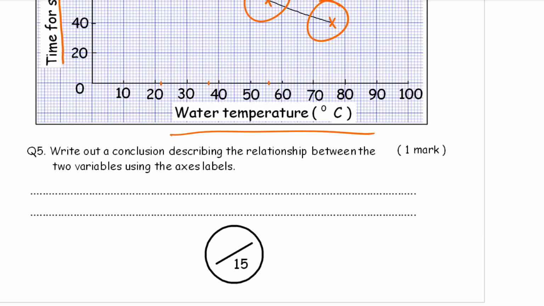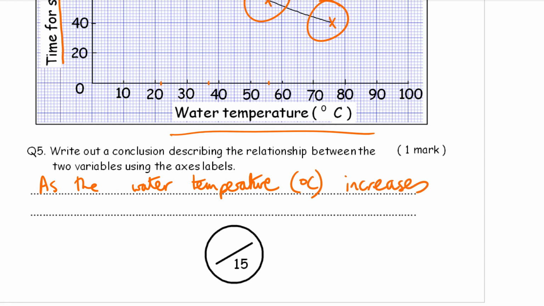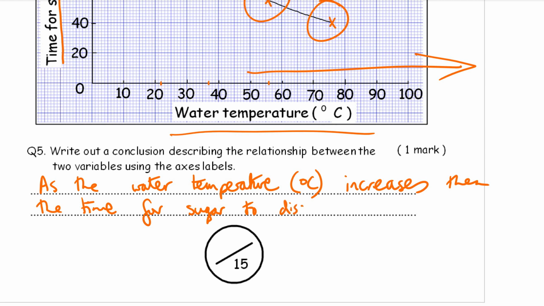So, I think I'd be writing down as the water temperature in degrees C increases, so it's going that way, then the time for sugar to dissolve in seconds, what does it do? It's going down. It decreases.